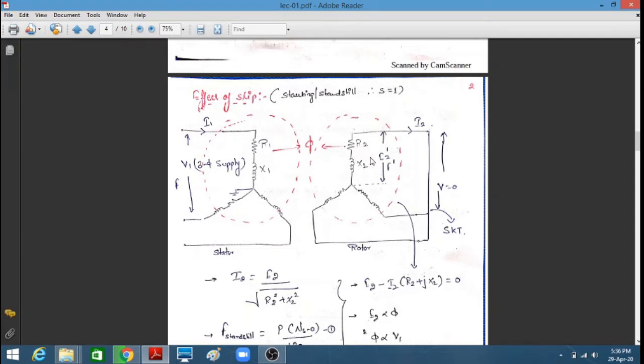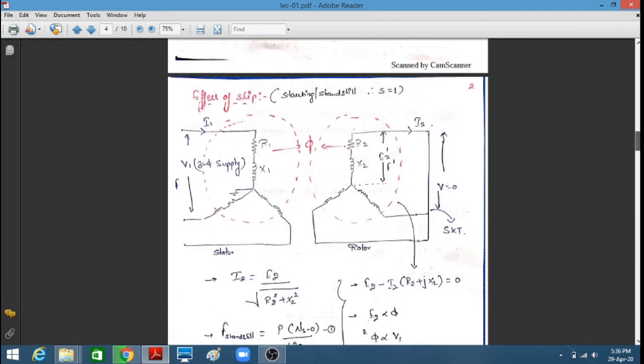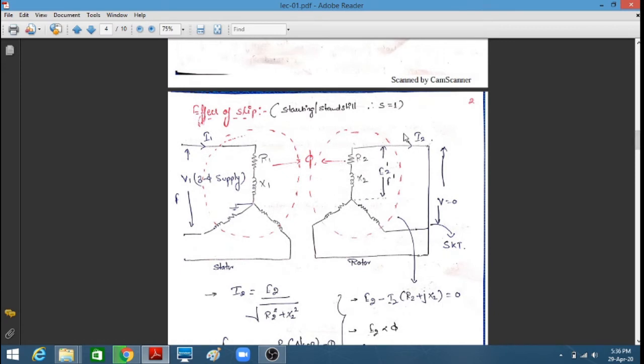The rotor is a rotating part, whereas the stator is stationary. We are dealing with per phase values. At starting, as discussed earlier, Nr is 0 and the slip is 1, so we are deriving the expressions when the rotor is stationary.